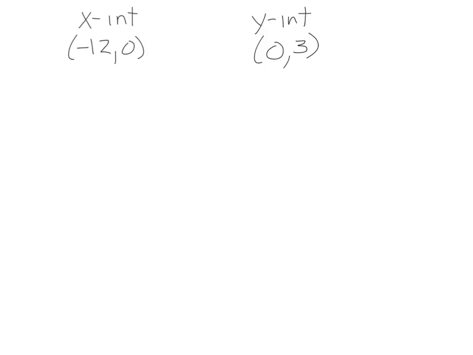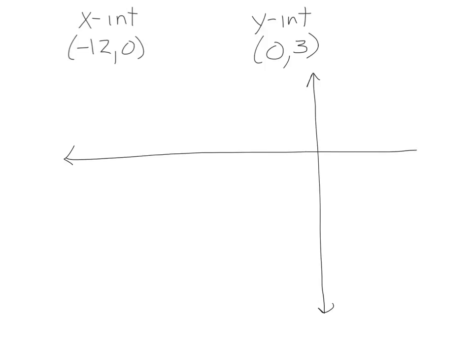Alright, so we're going to graph these. The x-intercept was (negative 12, 0). The y-intercept is (0, 3). If I had graph paper, that would be better, but I don't. So I'm going to try to do as neat a job as I can. Here's the x-axis. Here's the y-axis.